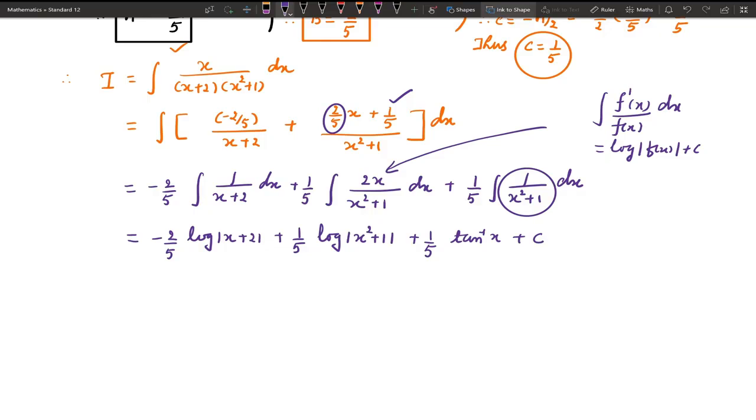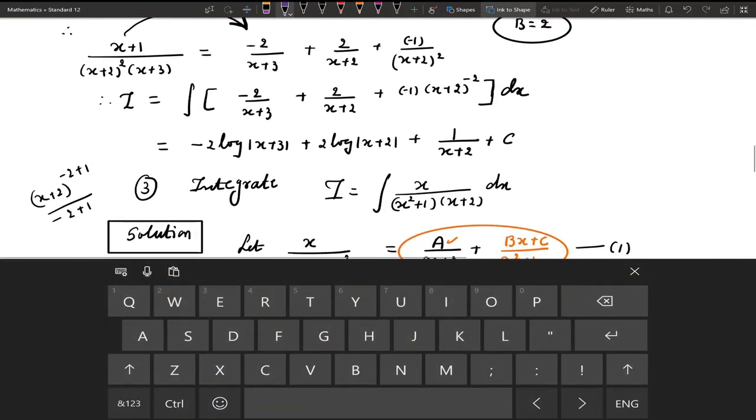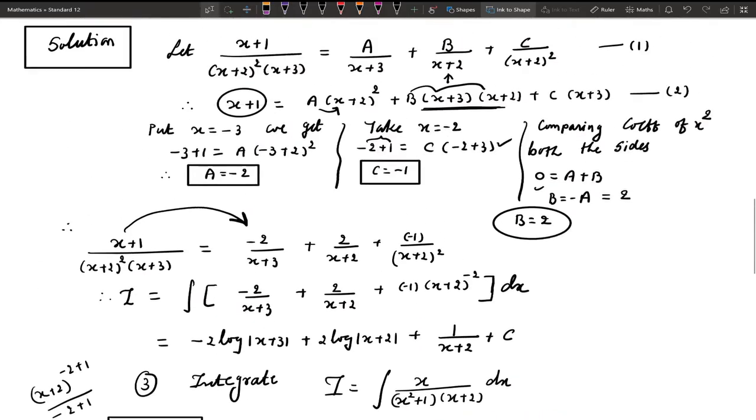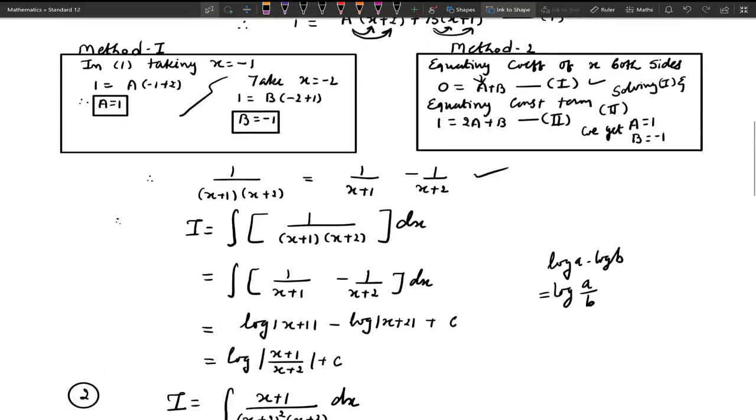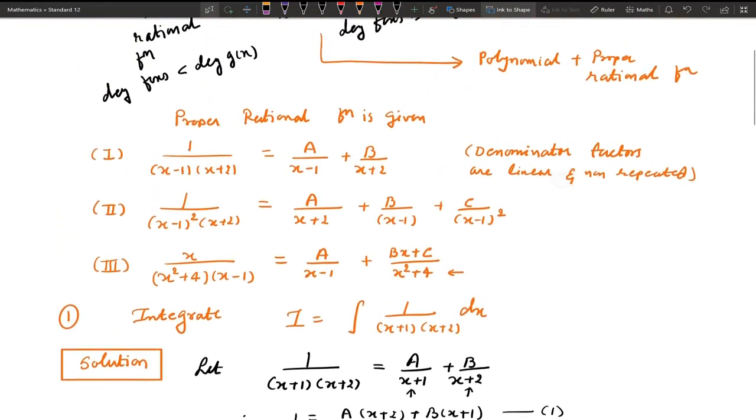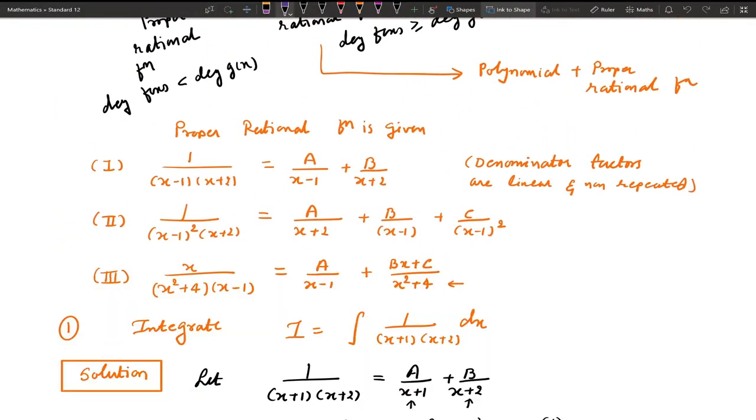So we have taken 3 examples based on 3 methods. First one according to method 1, second one according to method 2, and third example based on this method.